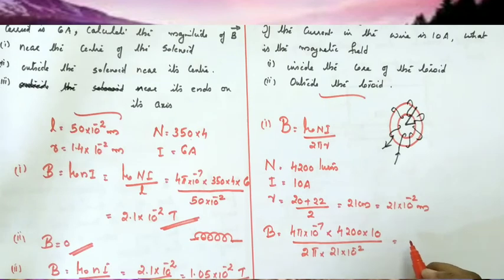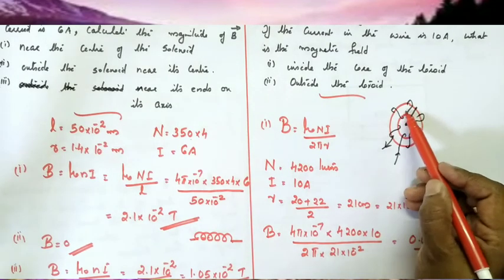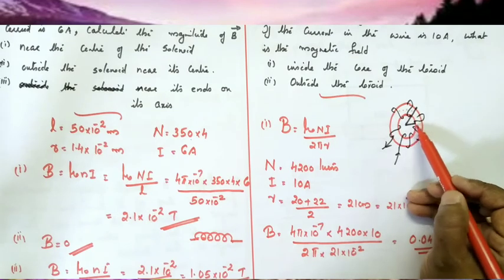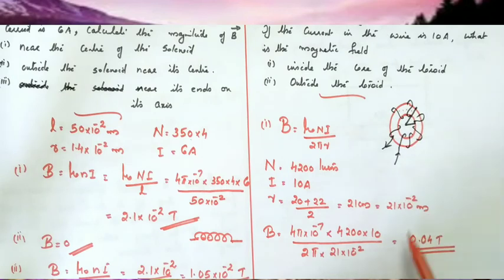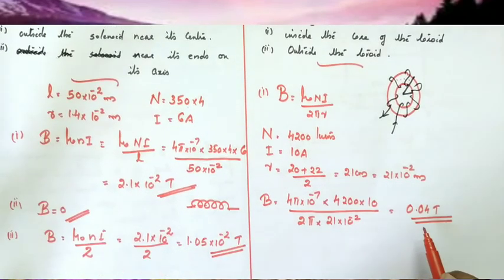After simplification, you will get the answer as 0.04 Tesla. That is the magnetic field in the inner core of the toroid, inside the core of the toroid. Here the magnetic field within the core of the toroid is B equal to mu 0 Ni by 2 pi r, and substituting the values you will get 0.04 Tesla.